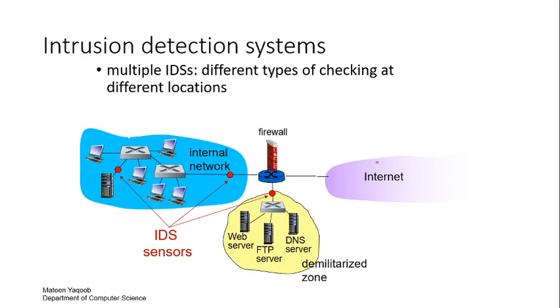You can see in the example that we implemented different types of checking at different locations of the internal network. For example, we have implemented three IDSs. The first one is located at the server in our internal network, the second IDS is in the gateway before the firewall, and the third one is at the servers in the demilitarized zone. We will see the demilitarized zone concept as well.